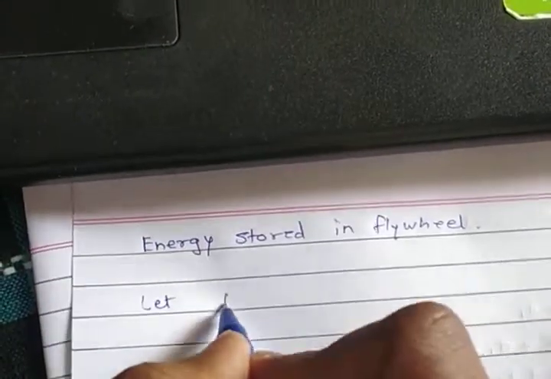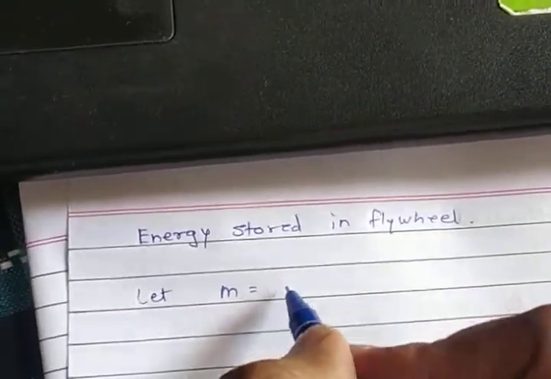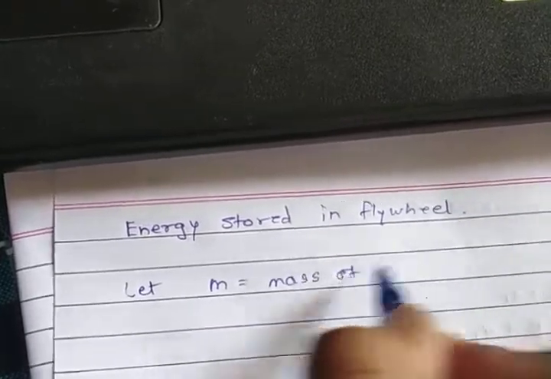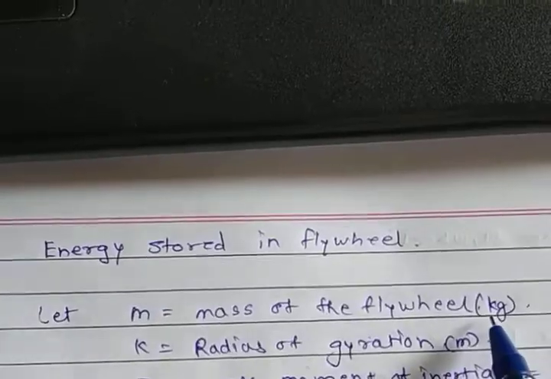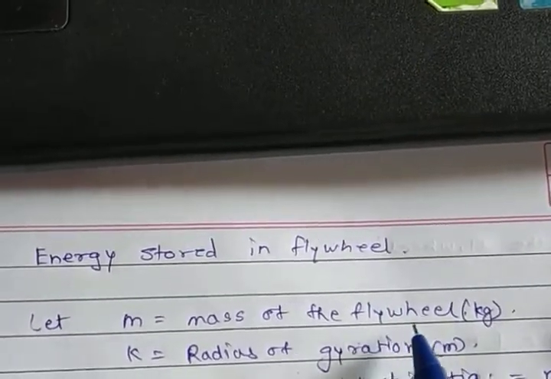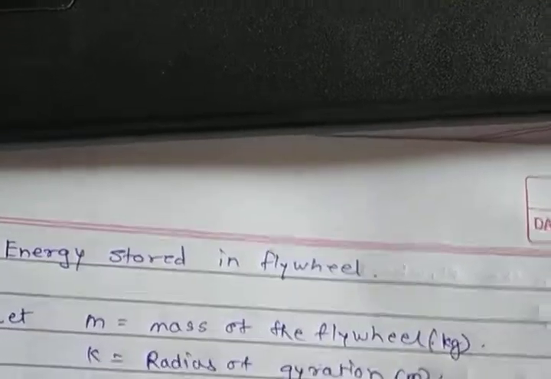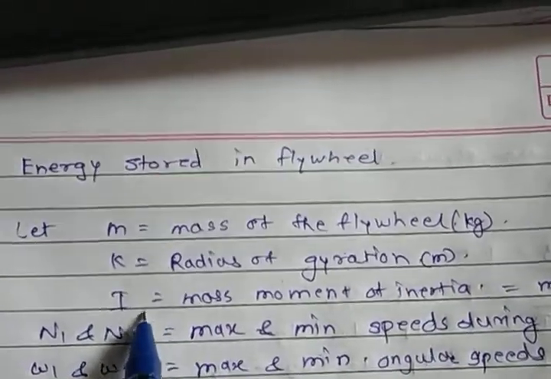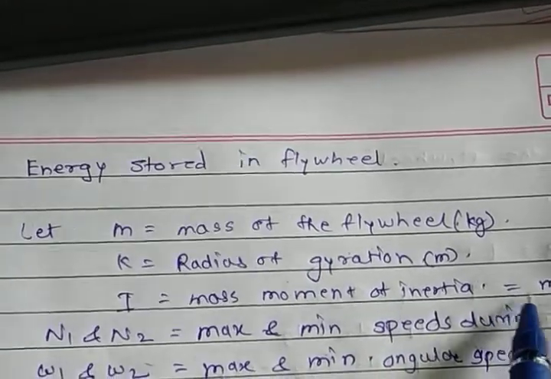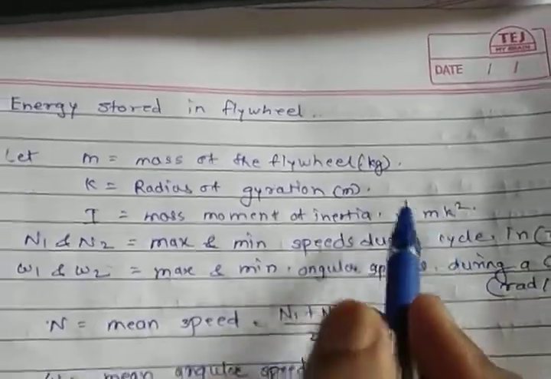Let m be the mass of the flywheel in kg, k the radius of gyration in meters, and I the mass moment of inertia, which is equal to mk square.